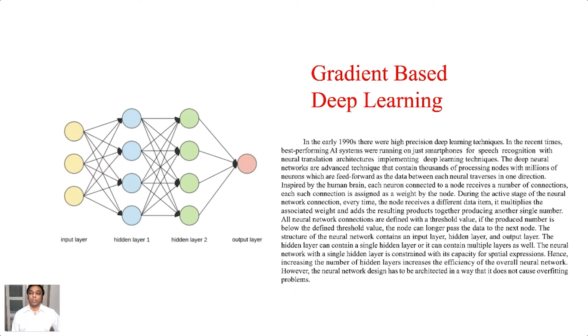So ever since neural networks were implemented in 1990, the number of algorithms that have evolved is enormous, along with the types of frameworks that we have.